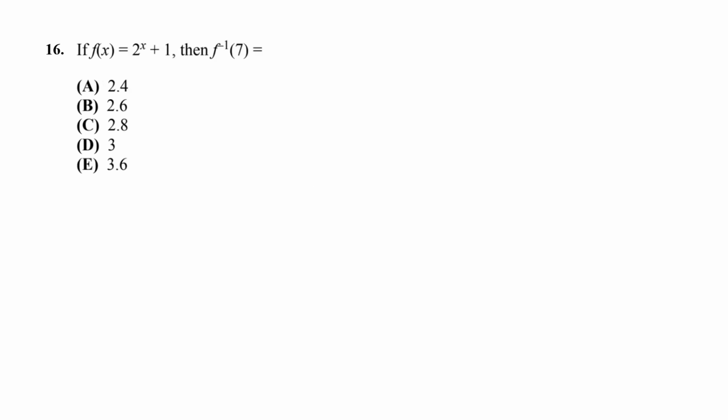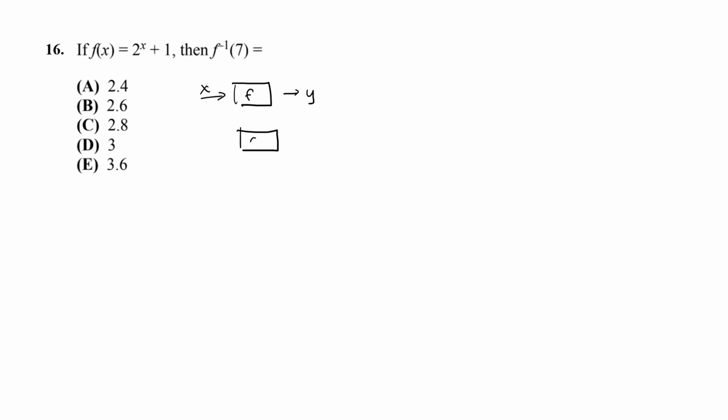If f of x is equal to 2x plus 1, then f to the negative 1, so that's the inverse function, of 7 equals, okay, so this is a pretty fast way to do this. Remember what an inverse function does, right? If we have a function f, it'll take x and spit out y.